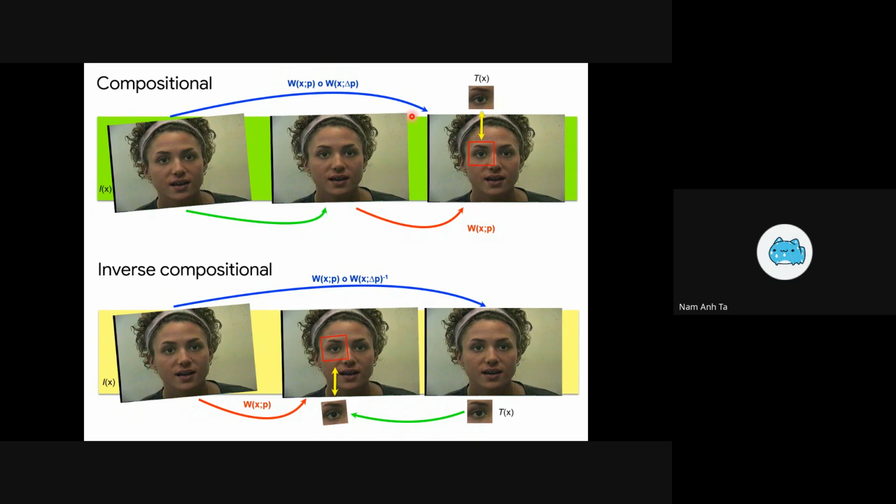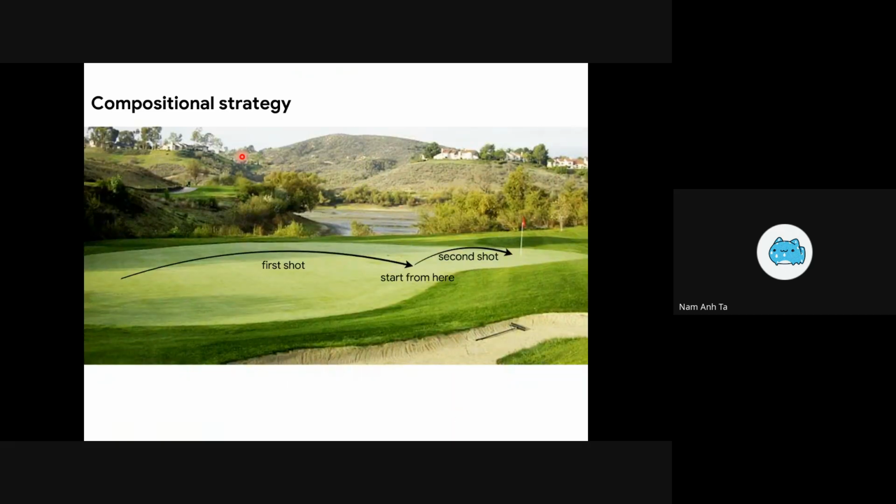To put it simply, the compositional is like when we are constantly adjusting our own viewpoint to look at the image. In contrast, in the inverse compositional, we pretend that we aren't moving at all, and instead we let the template itself move to align with the image. It's like this: this is the compositional strategy, right?